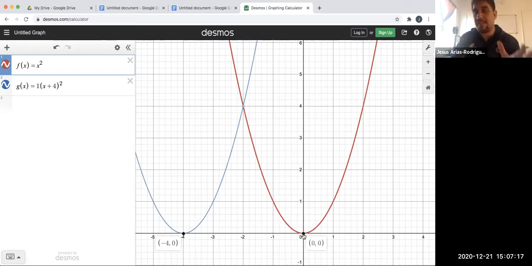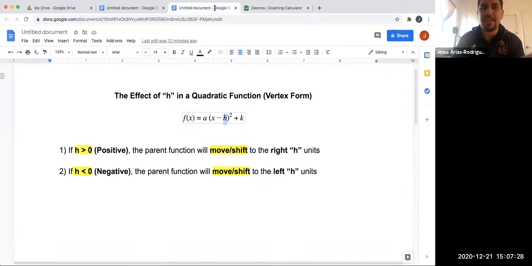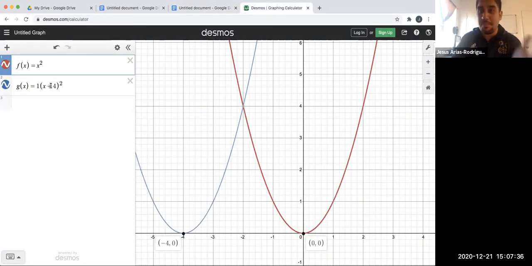So it's basically as if we moved the parent function to the left-hand side, h units there. Now, again, you might be confused and say, hey, that's kind of the opposite. If h is negative, the function should be moving to the left, right? But in this case, it seems to be positive. It's counterintuitive. So what's happening?